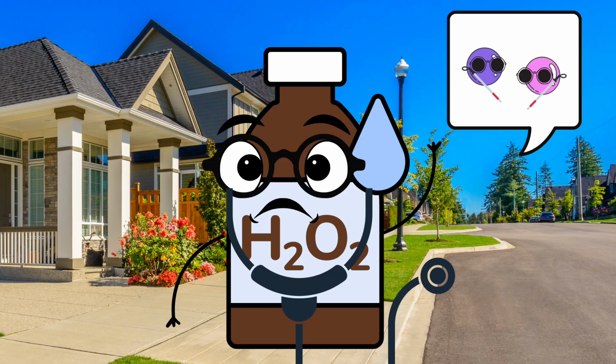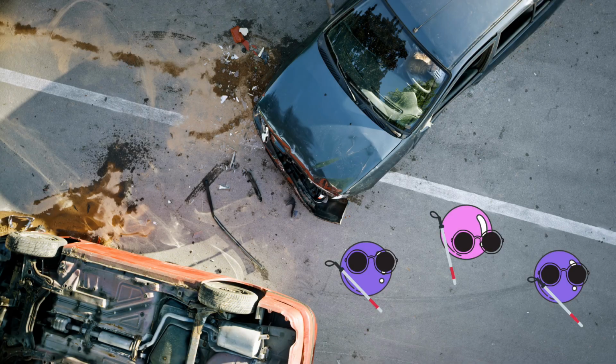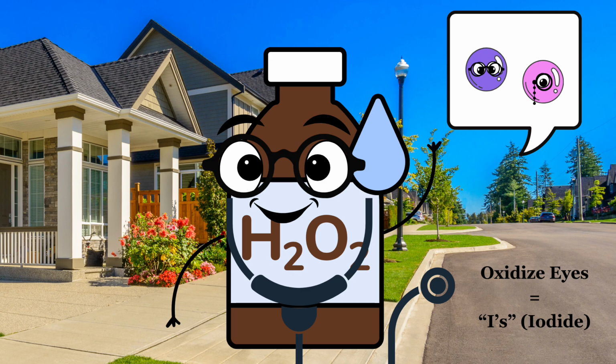Dox Perox explained how a lot of the amino acids living in the thyroid are usually visually impaired, especially the tyrosines. Because they are visually impaired, non-functional tyrosines can cause a lot of problems and are never able to function properly or live to their full potential. He knew he could help them, he just needed an enzyme that knew how to oxidize eyes.